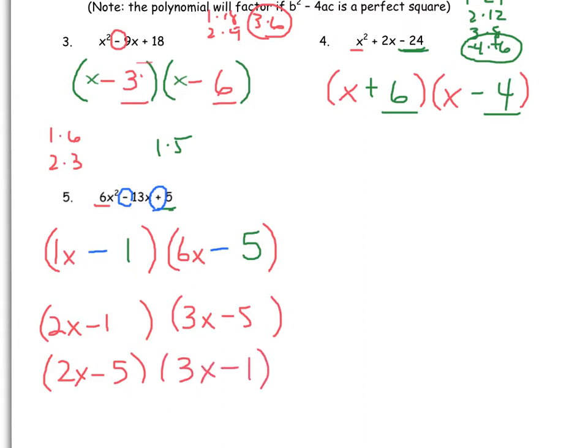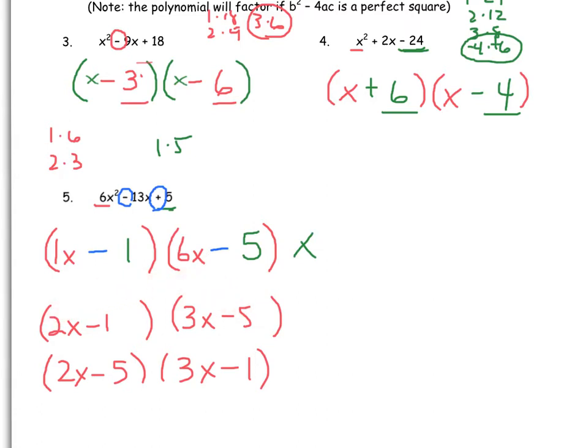Of those combinations, you then have to come back and decide where you get the correct middle term, which would be your 13x. So as I come back and check those here, as I check the products here, there is a minus 6x and a minus 5x here. And that's going to give me negative 11x, so I can disregard that product as not working. Now as I come back here, I can check the products here.